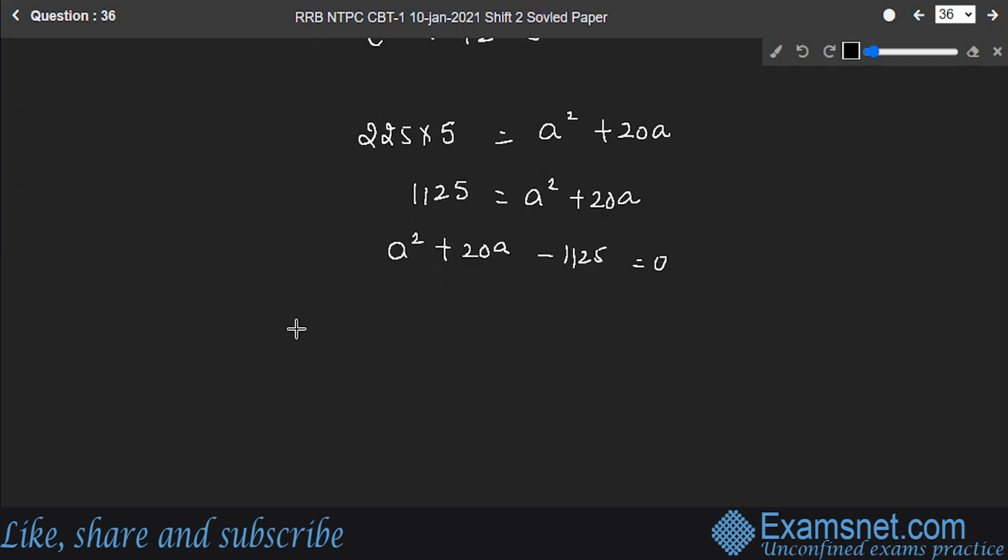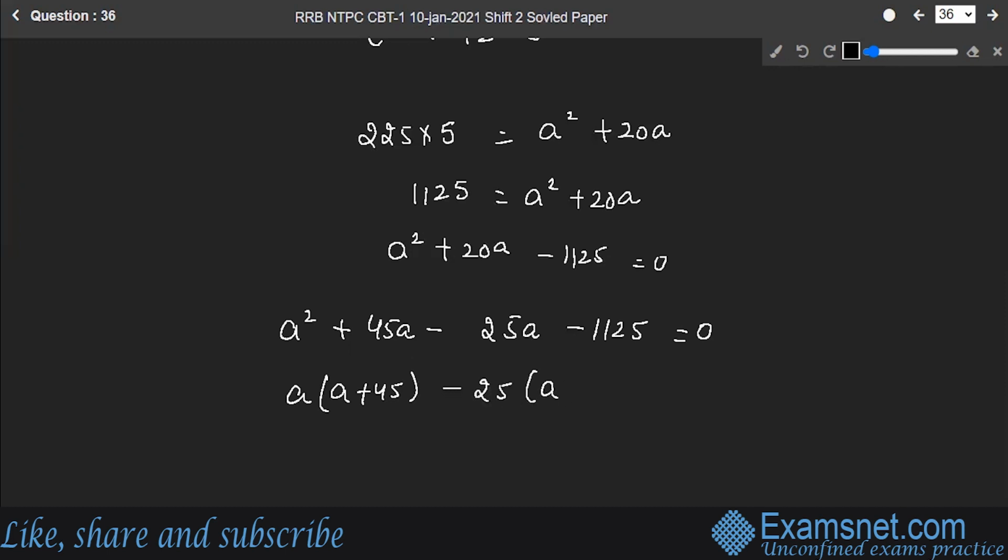The two factors will be A square plus 45A minus 25A minus 1125 is equal to 0. A plus 45 minus 25, A plus 45 is equal to this. A minus 25, A plus 45 is equal to 0.